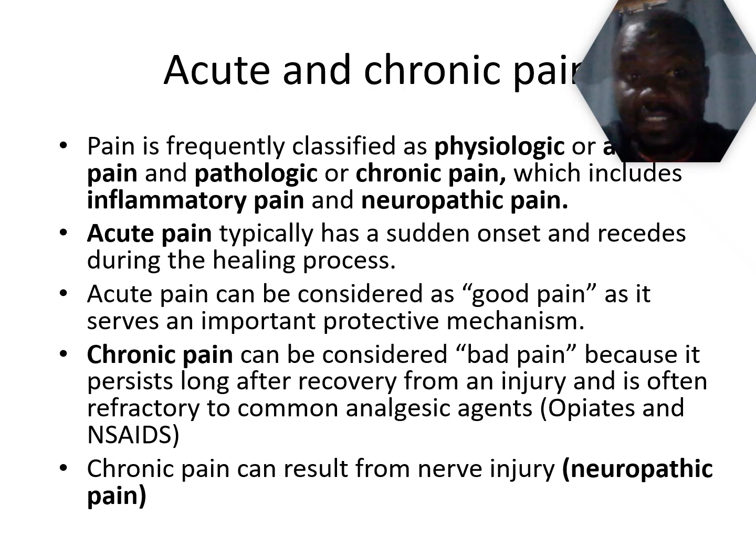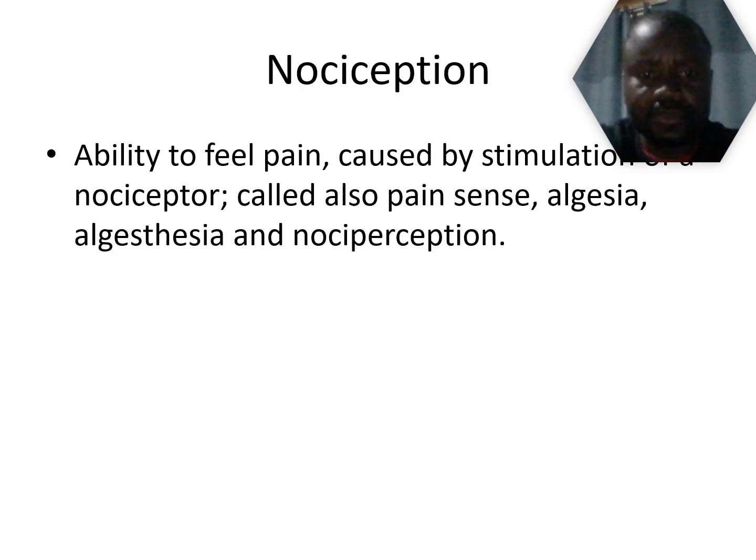In that sense, chronic pain becomes a disease, so it is called pathologic pain as well, while acute pain becomes physiologic pain. Why? Because its intention is just to help the organism realize there is a signal for injury, and so something needs to be done about it.